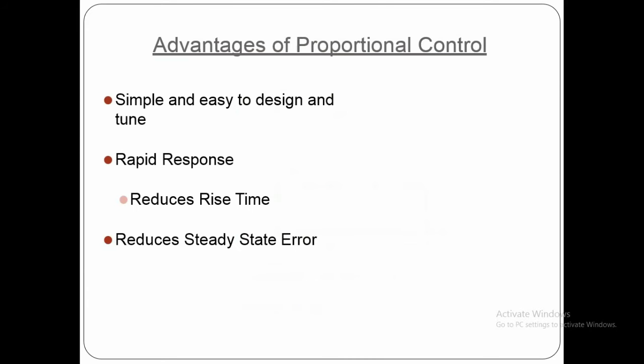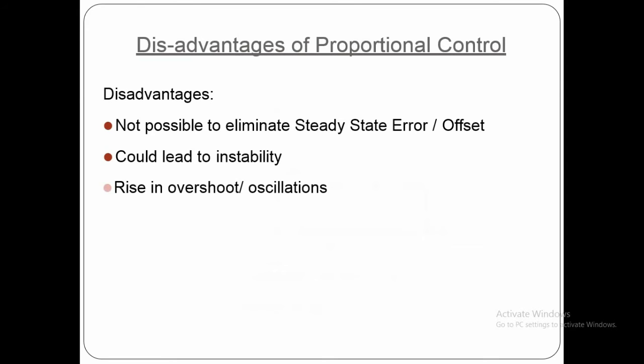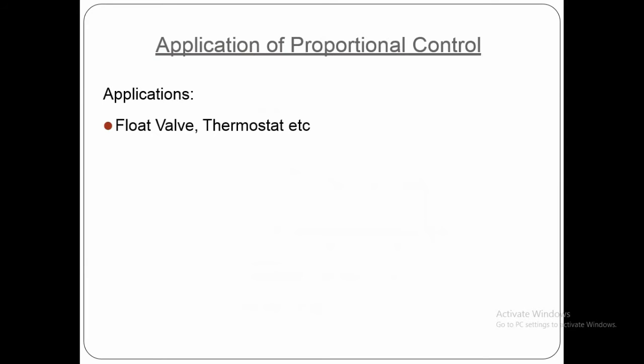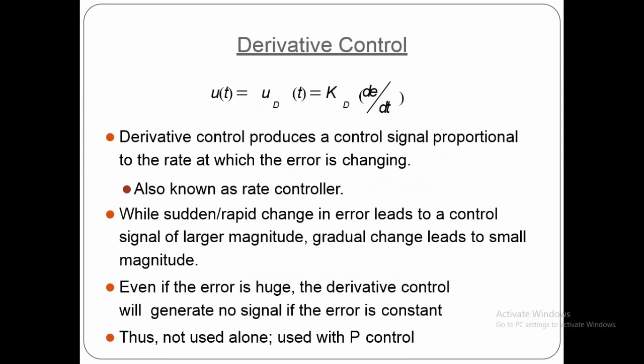Advantages of proportional control: simple and easy to design and tune, rapid response, reduces rise time. Disadvantages: it is not possible to eliminate the steady state error or offset, and it could lead to instability, overshoot or oscillations. Applications: float valve, thermostat, etc.